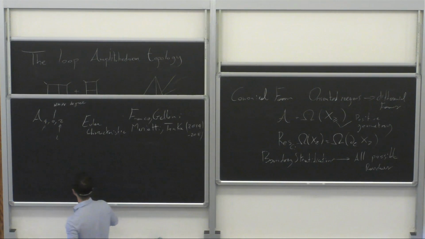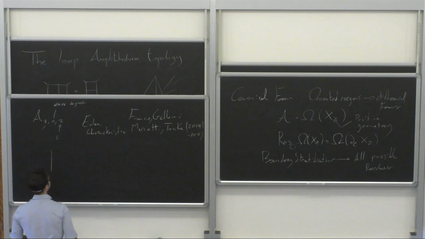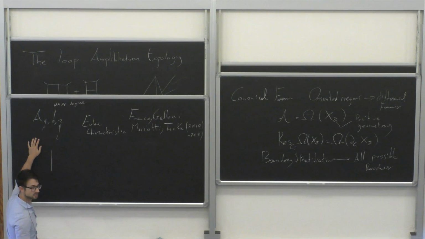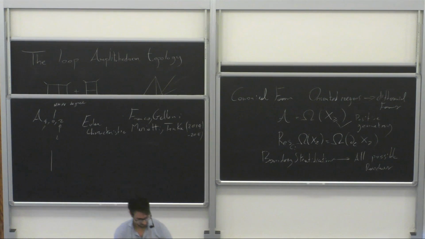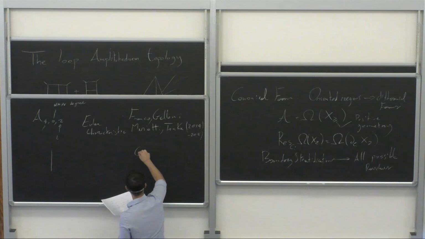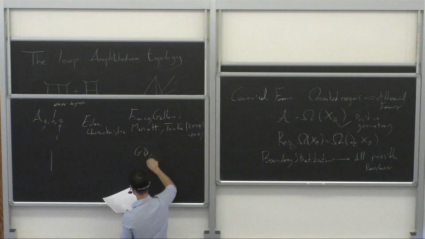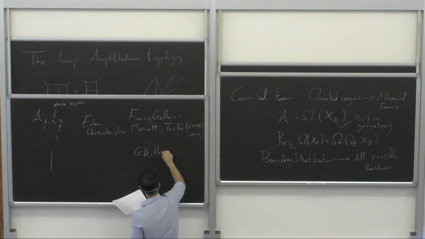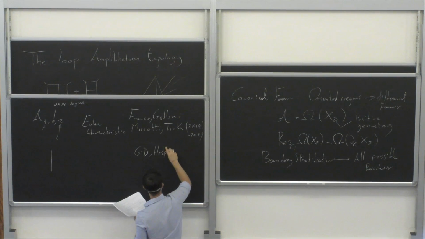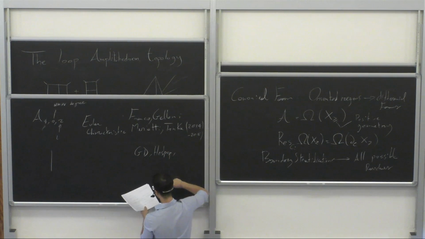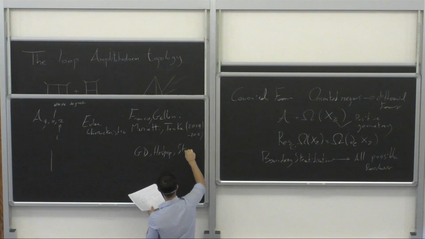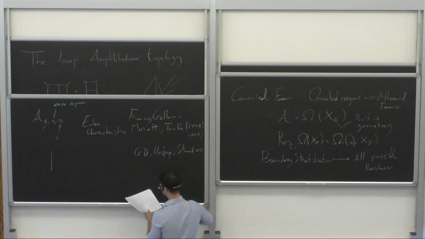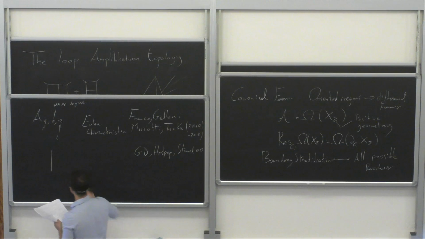So the first thing is that this geometry presents something called internal boundaries. That is something that was observed for the first time last year by me, Heslop, and Stewart, in 2023.